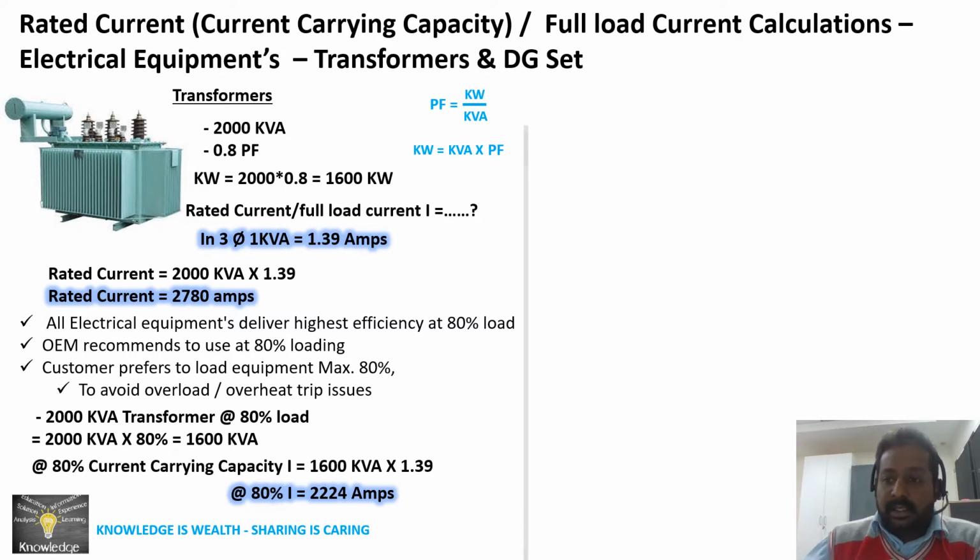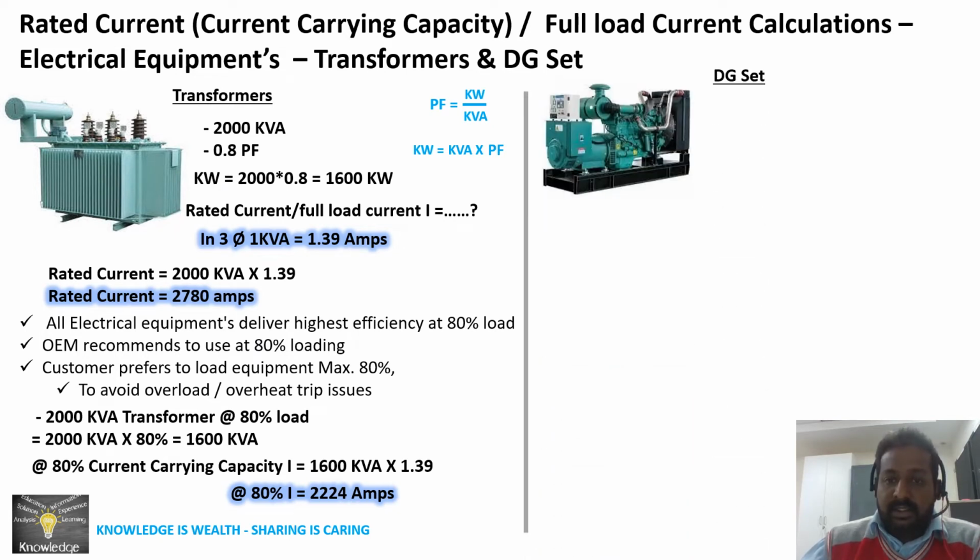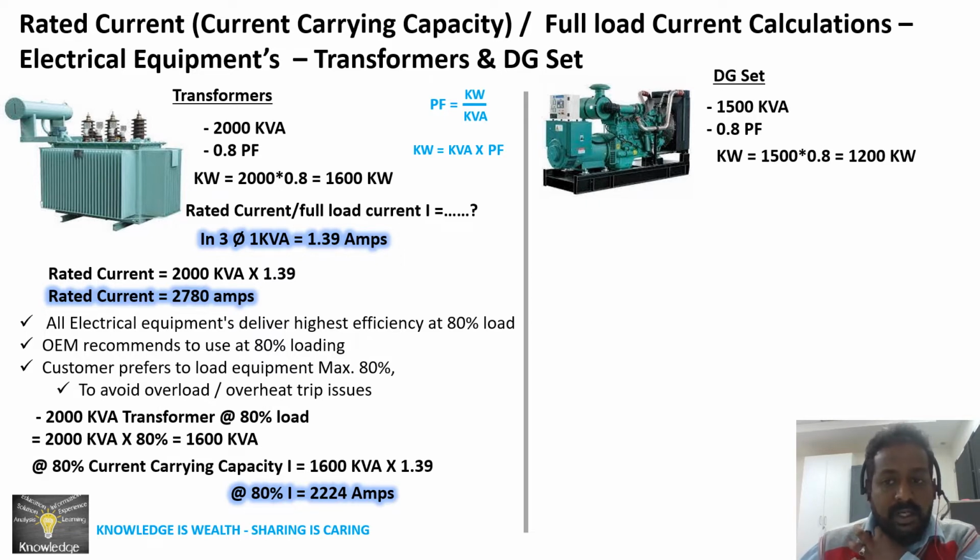Just like that, let's calculate for DG sets. Let's take an example of one DG set of 1500 kVA and 0.8 power factor. Again, we know how to calculate kilowatt. Kilowatt is equal to 1500 kVA into 0.8 power factor, so it is 1200 kilowatt.